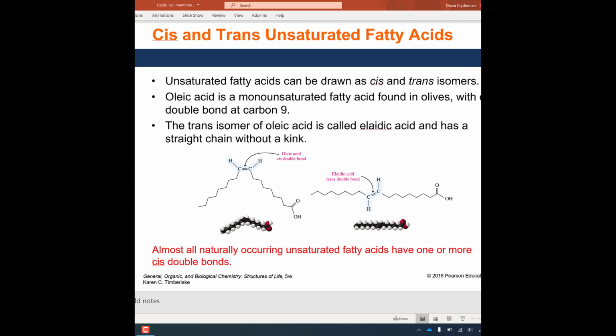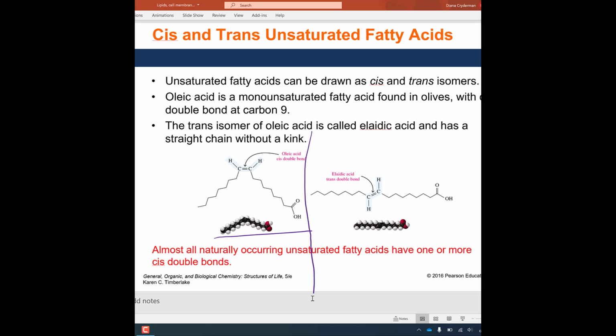And so here we can see unsaturated fatty acids drawn in the cis and trans isomers. So oleic acid here on our left versus elaidic acid on our right. So oleic acid on our left is a cis double bond.